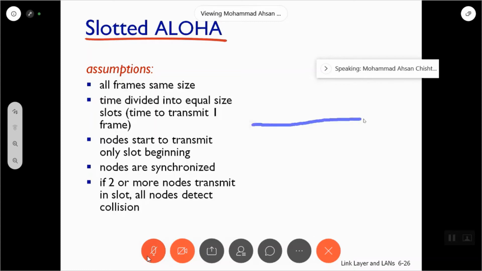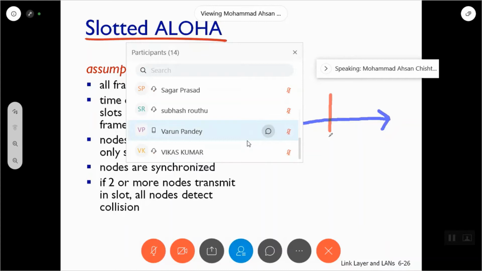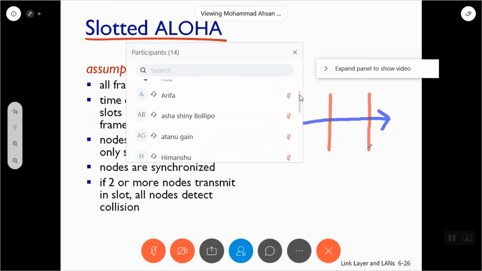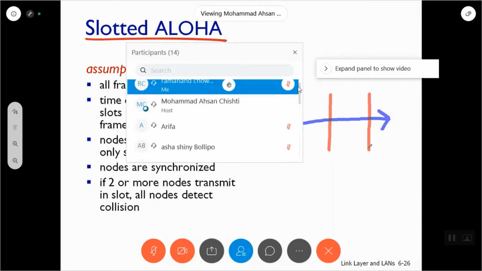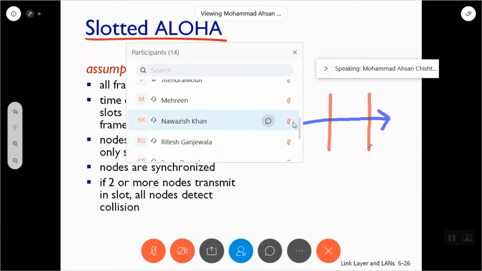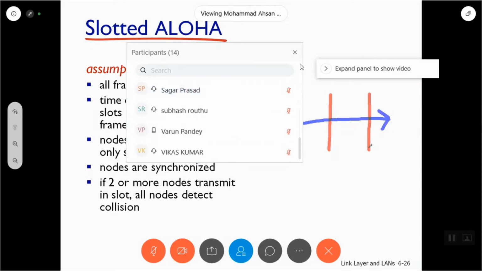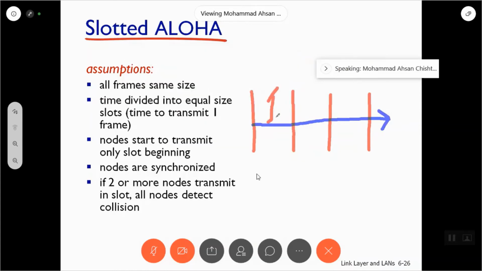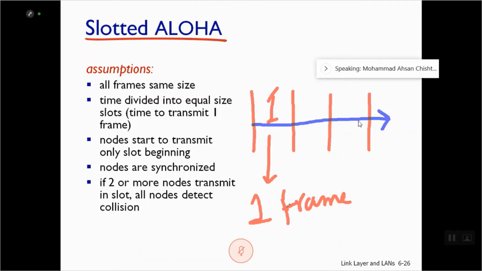So if this is the time frame that I have, it is broken into specific time slots. How is this time frame different from TDM's time frame? Both have one thing in common, that within one time frame, we can send one protocol data unit, one frame.